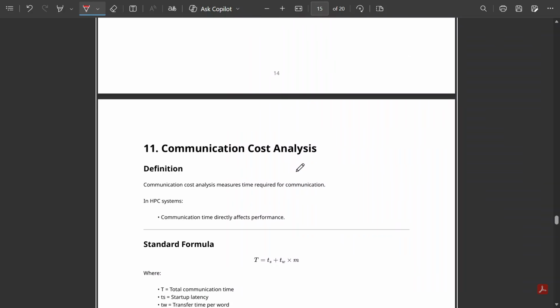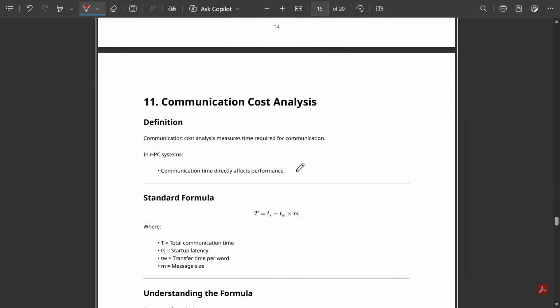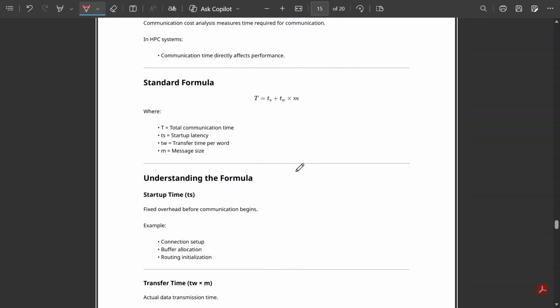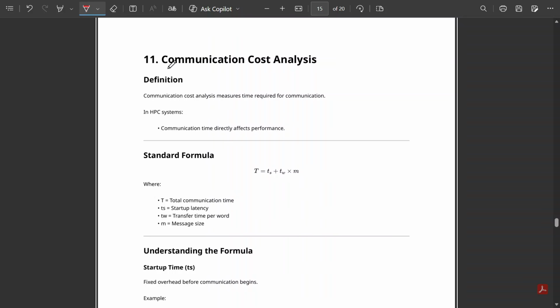Next, we have the communication cost analysis. Why do we require communication cost analysis? So as to calculate the time required for the processors to exchange data in a parallel computing system.